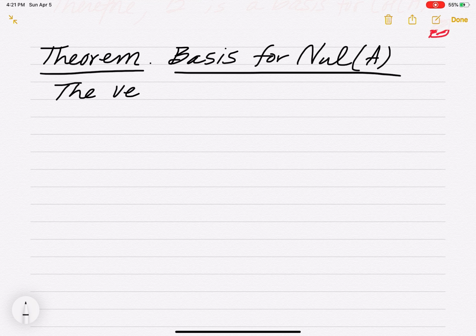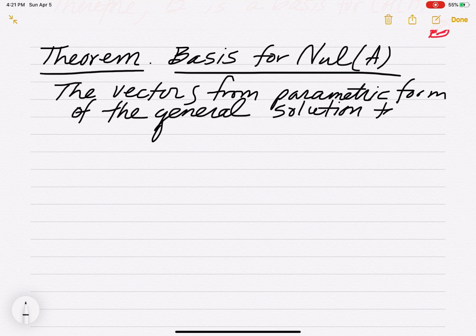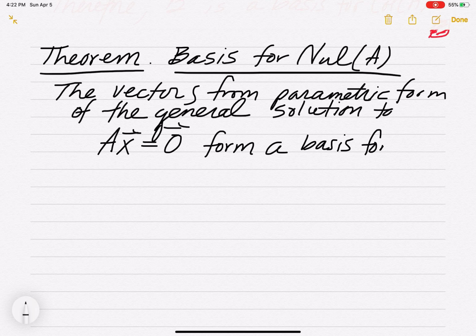The vectors from the parametric form of the general solution to the homogeneous equation AX equals 0 form a basis for the null space of A.